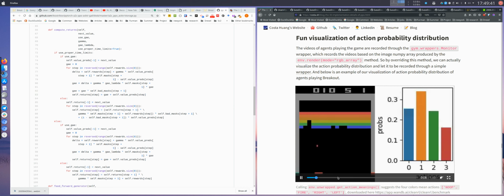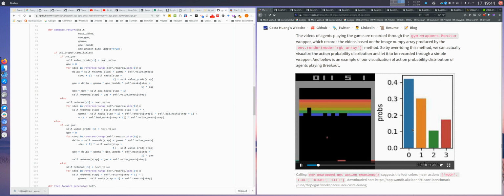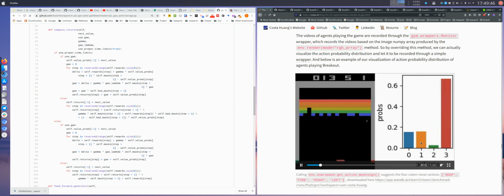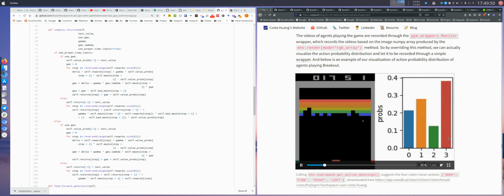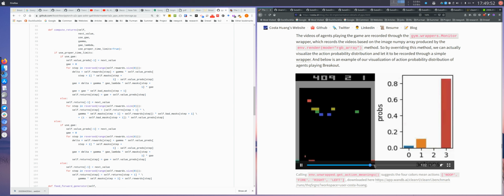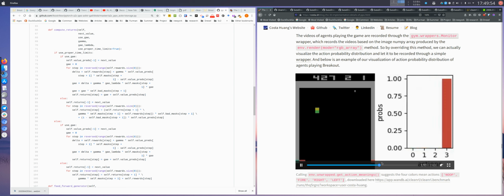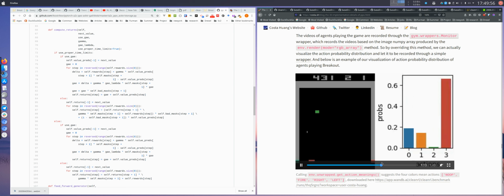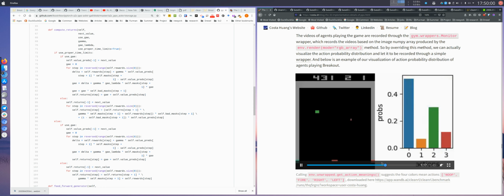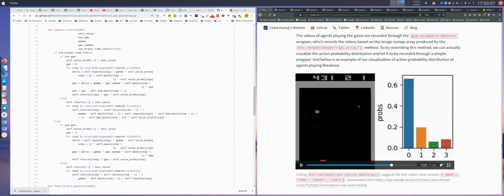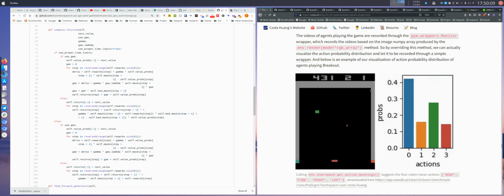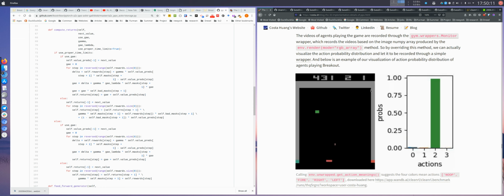But essentially, it performs pretty well. By the way, the first action over here, 0, is no-op, the second is fire, the third is going right, and the last one is going left. But what's interesting is when you get into later stages of the episode, the agent doesn't really do anything. It just does the same thing over and over again, always hitting the brick over here, and never doing anything else.